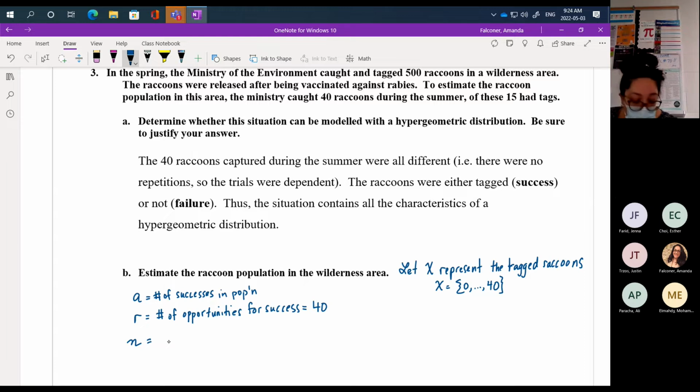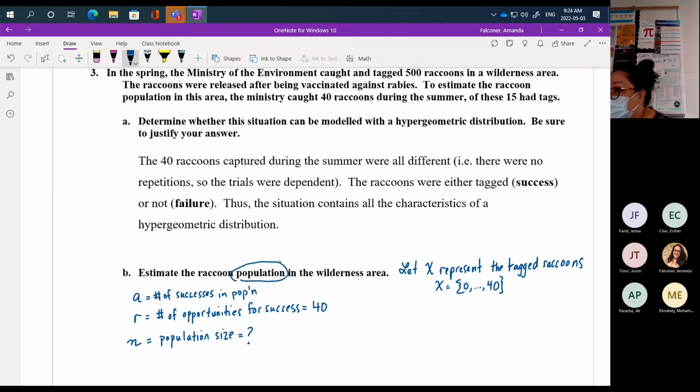And N represents our population size in general. And that's what we're trying to figure out, because it's saying estimate the population.